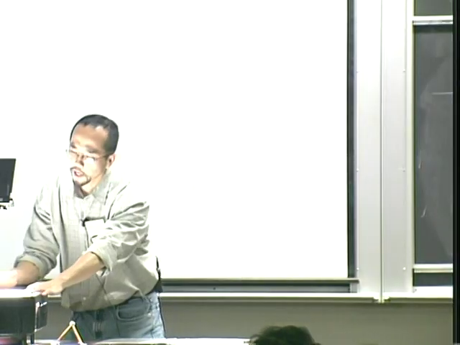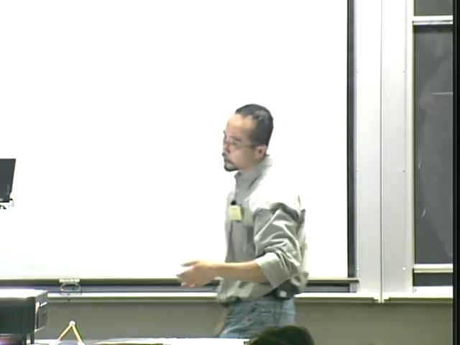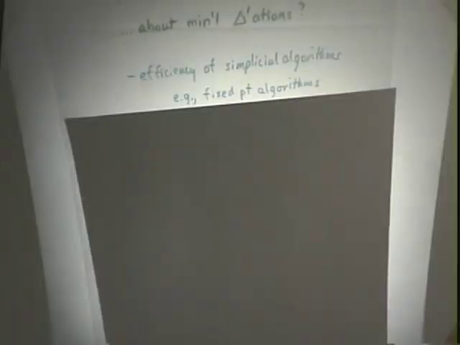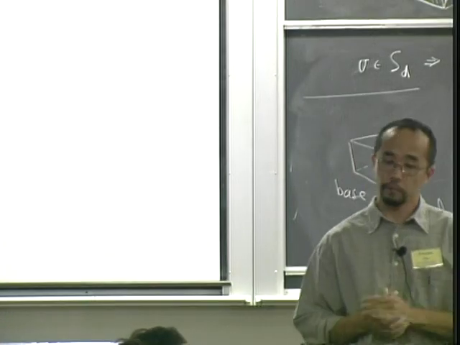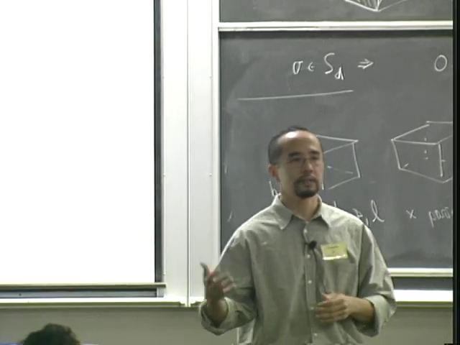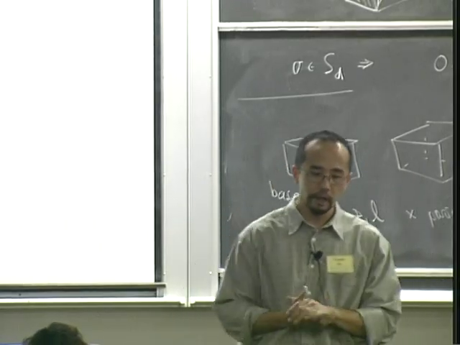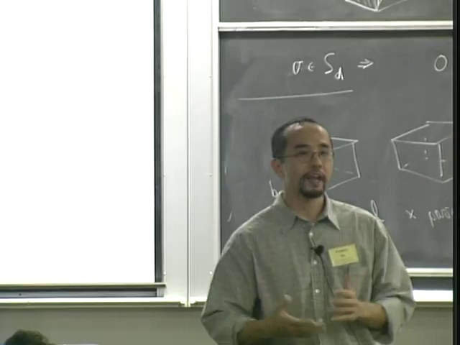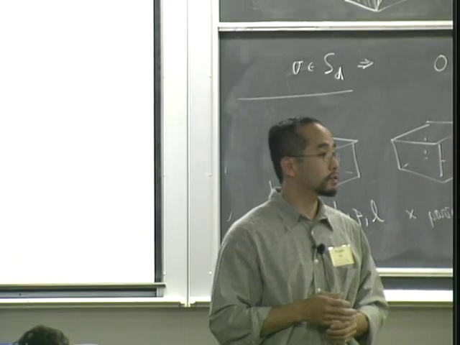Okay, so why care about minimal triangulations? Well, you already know some answers to that question. One motivation is efficiency of certain simplicial algorithms. It turns out that in the 60s and 70s, a constructive version of the Brouwer fixed point theorem was found, and people love using fixed point theorems to prove various things. If you have a constructive version, it certainly makes it nice to be able to find fixed points constructively.